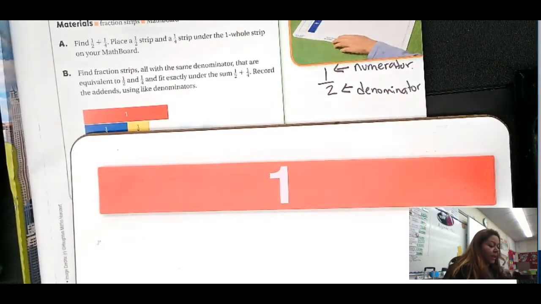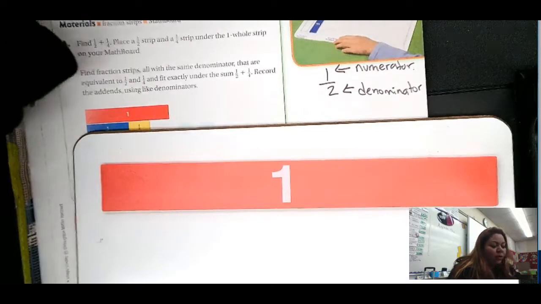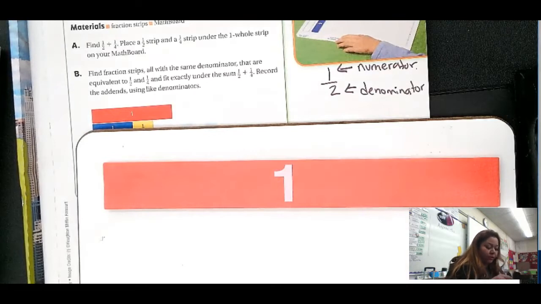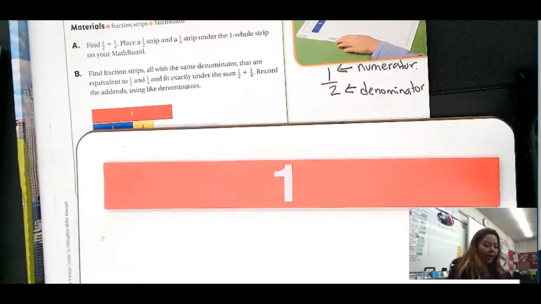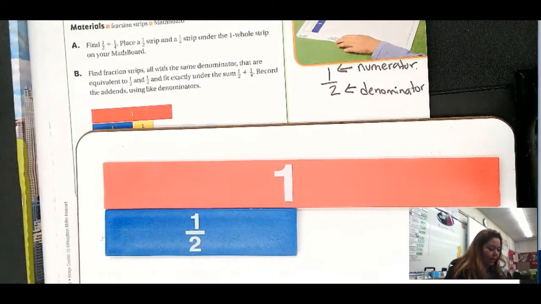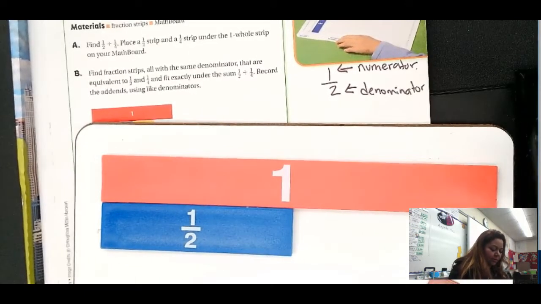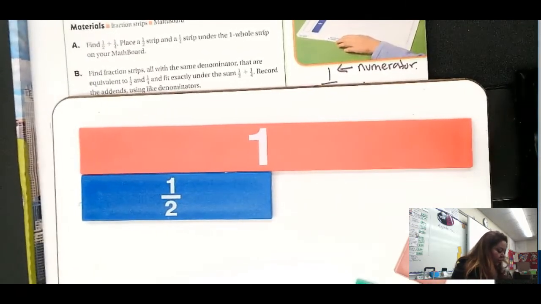So first step, find 1/2 plus 1/4. So you want to get your bag, and you're going to look for 1/2. So I'm taking this out. And here I have 1/2. And I'm looking for 1/4.